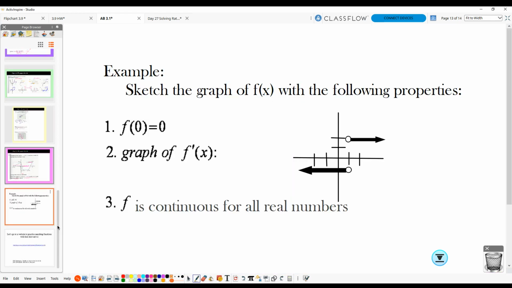So this is a bit reverse. Here's the derivative. And there's a coordinate. Graphing the function. Well, plot the information it told you. The original coordinate is 0, 0, and the slope there is -1.